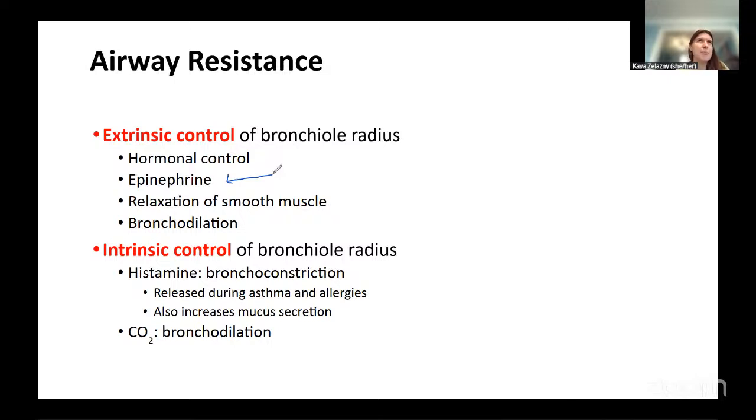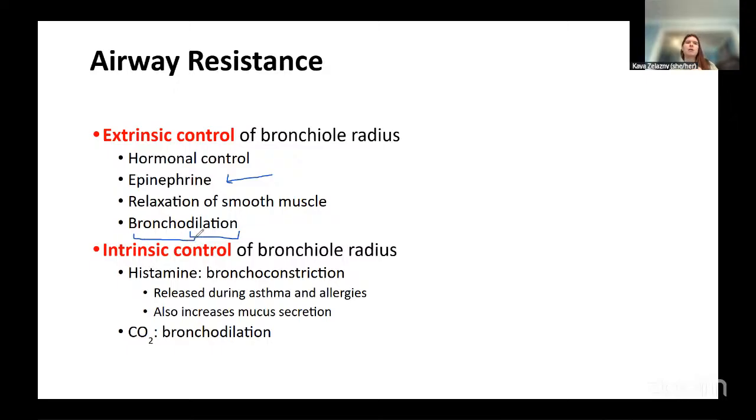And we know that epinephrine and norepinephrine can both bind to some of the same adrenergic receptors. So hopefully it follows logically that epinephrine is going to have a similar effect to the rest of our sympathetic nervous system effects. Same thing we saw with the sympathetics: we're going to relax the smooth muscle, big wide bronchioles, bronchodilation, more airflow.